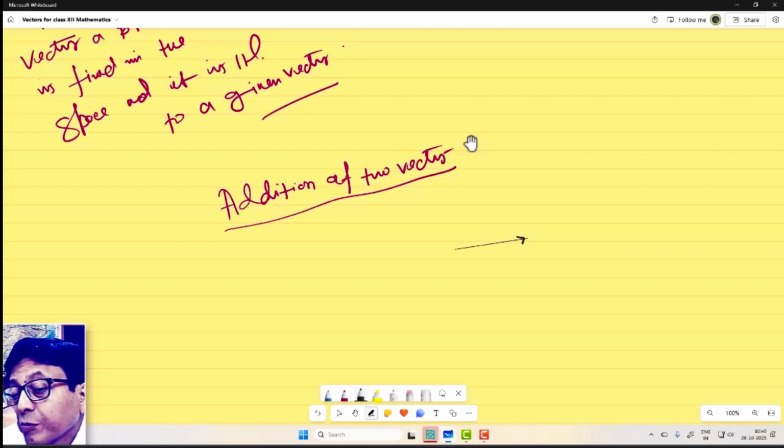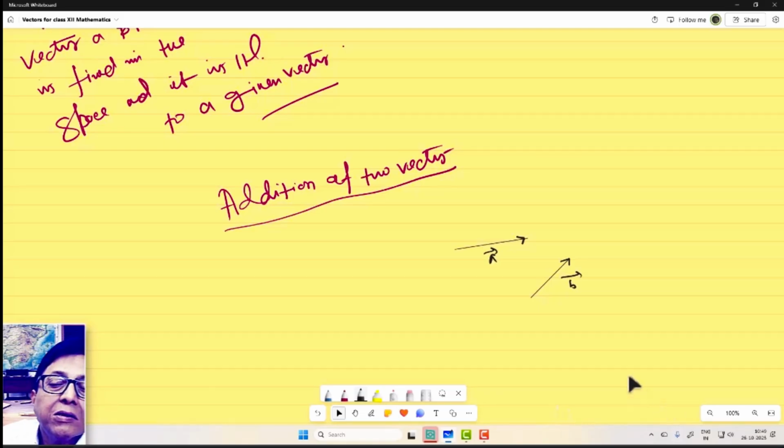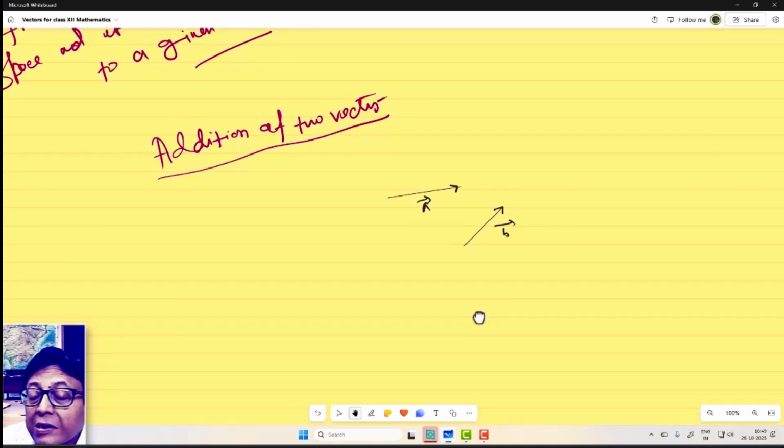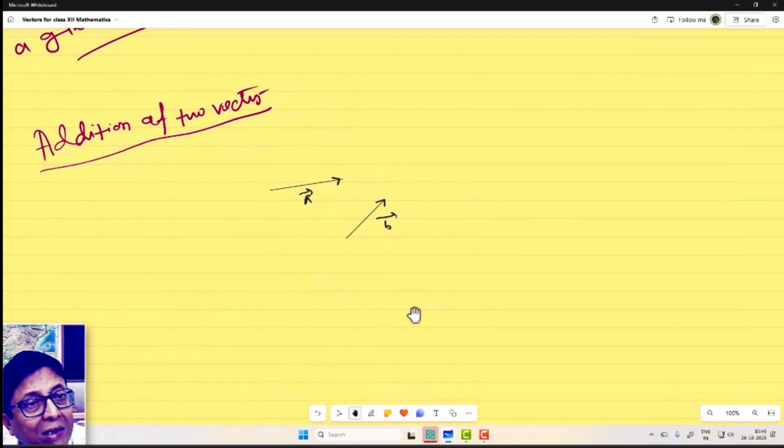Two free vectors are there, A and B. You want to add these two vectors. So they are free vectors. They can be moved anywhere, position is not fixed. If you want to add these two vectors, then you need to take the help of the triangle law of addition of two vectors.